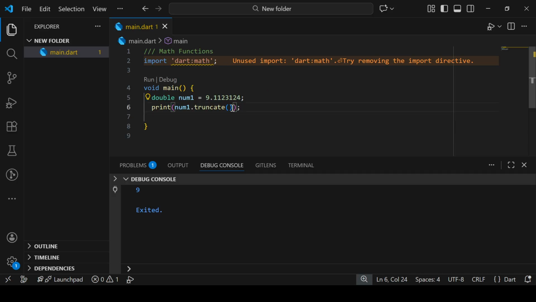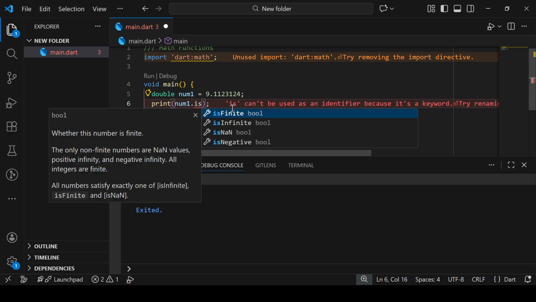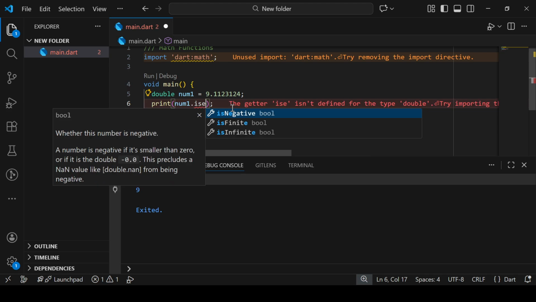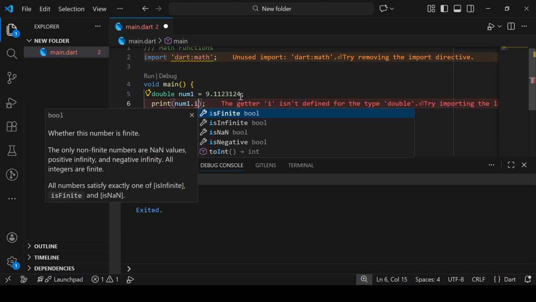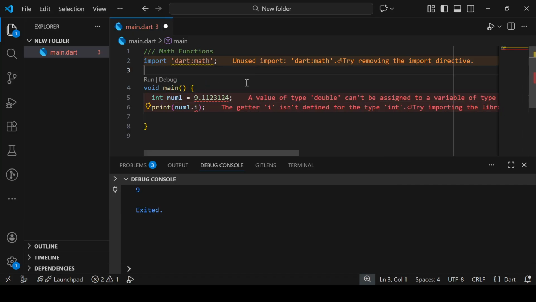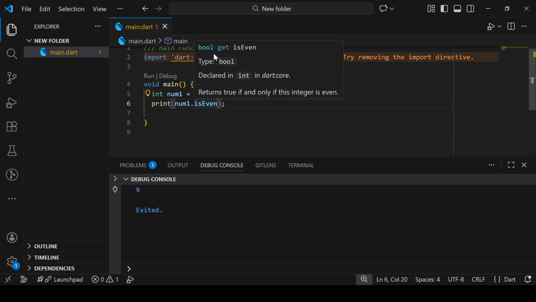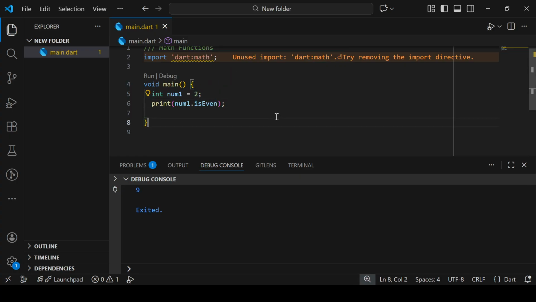Also I just want to show you isEven and isOdd. If I write here 2 is even, this isEven returns a bool. You can see here it declares an integer.